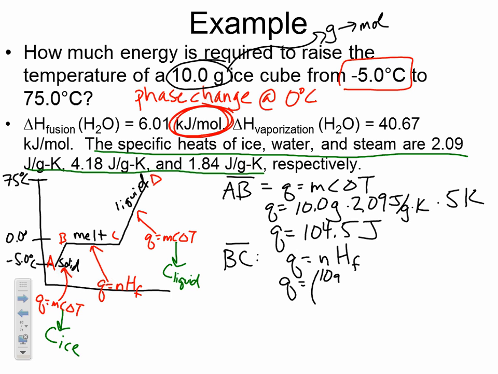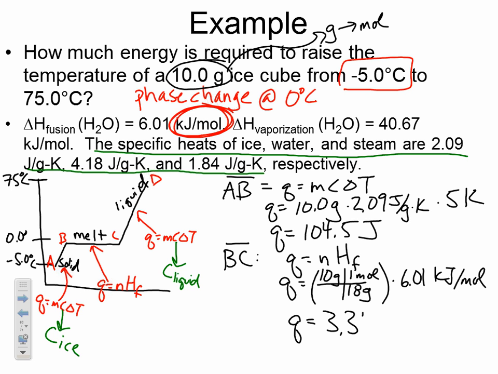I'm just going to set up the t-chart right in my equation to get my moles of water, and then multiply that by the 6.01 kilojoules per mole, and I get a Q value, the energy needed to melt, of 3.34 kilojoules.